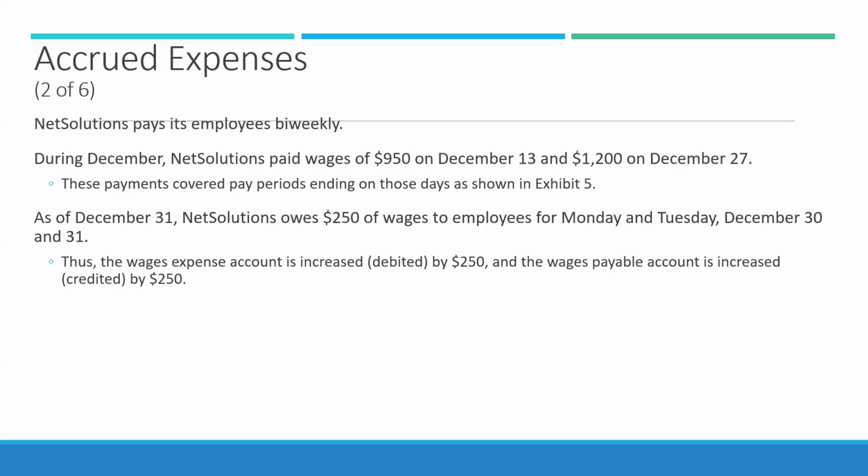So, as of December 31st, Net Solutions owes $250 of wages to employees for Monday and Tuesday. So the wage expense account gets debited by $250, and the wages payable, a liability, also gets credited, or increased, by $250. Does that make sense?